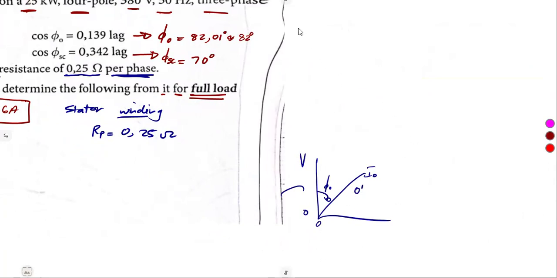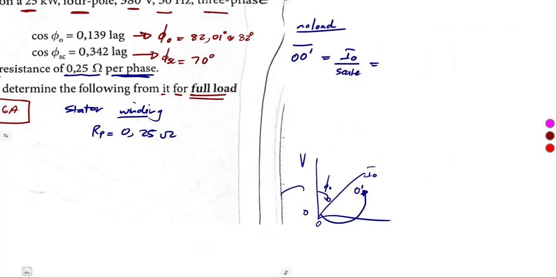So we are going to need the vector O to O bar, which represents the current over the scale.